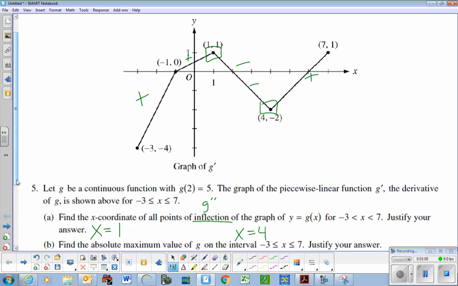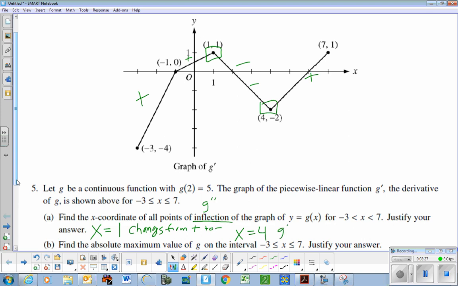I'll ask for justification, and all you need to say is because G prime changes from positive to negative. And same thing with this one.